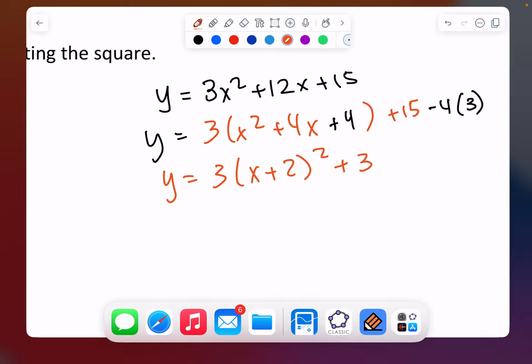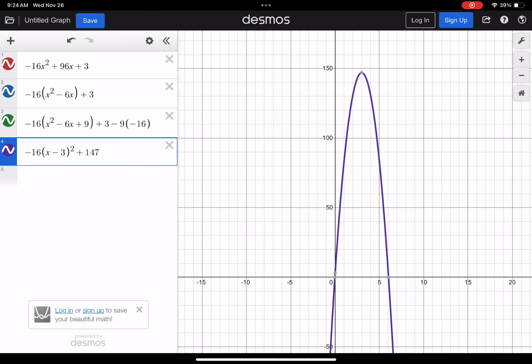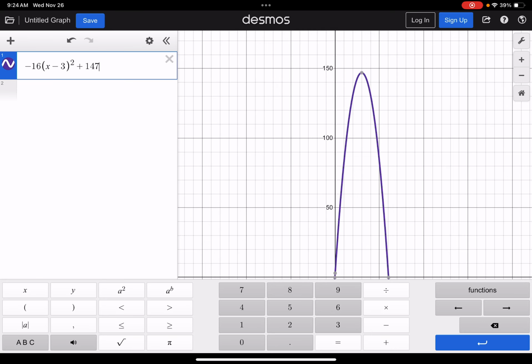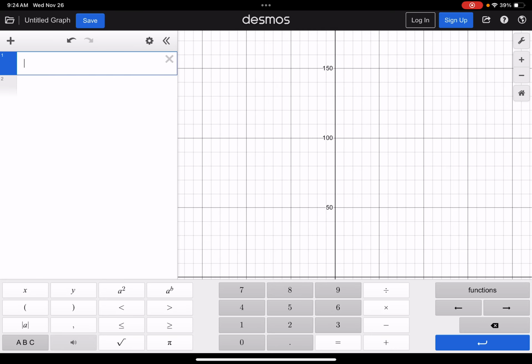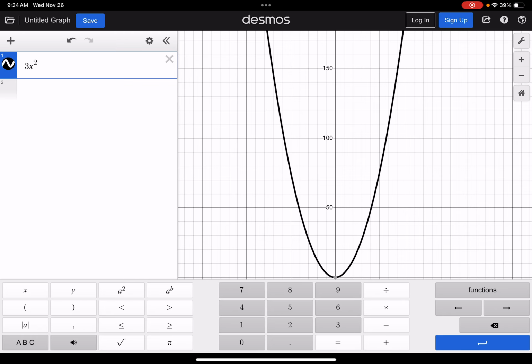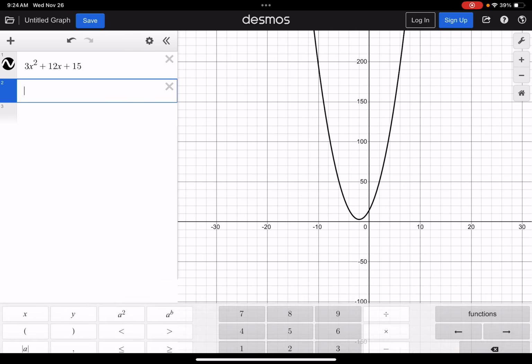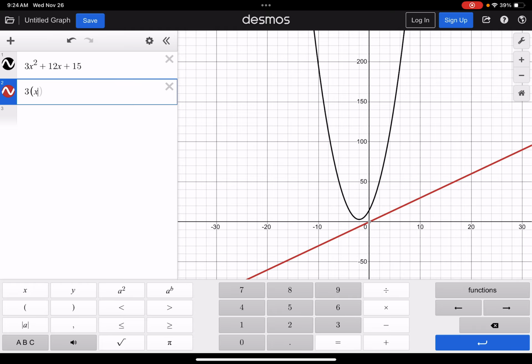Okay. Again, let's just confirm all this with the graph. I feel like looking at the graph gives us a nice visual of what's happening here. So if I had 3x squared plus 12x plus 15, that's the graph. If I factor out the 3, I have x squared plus 4x, and then plus 15 on the outside. Still looking good.